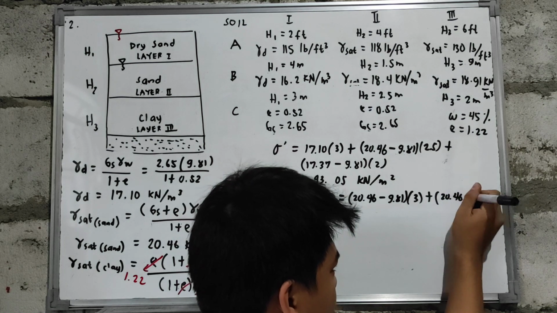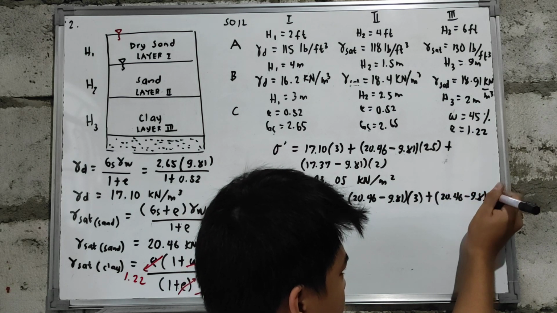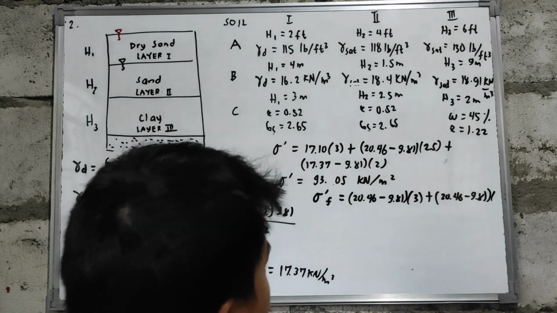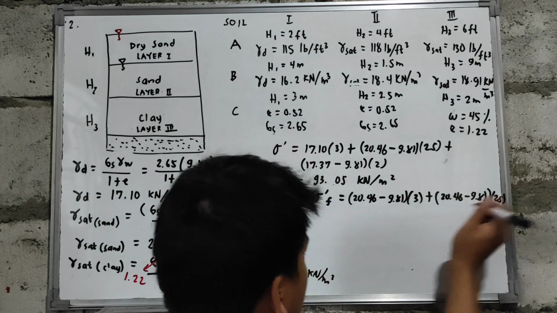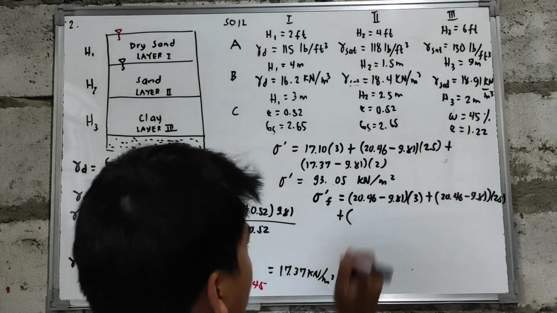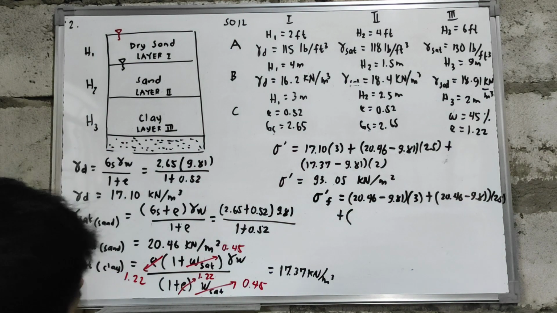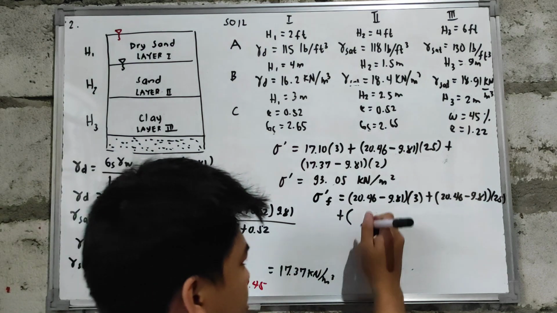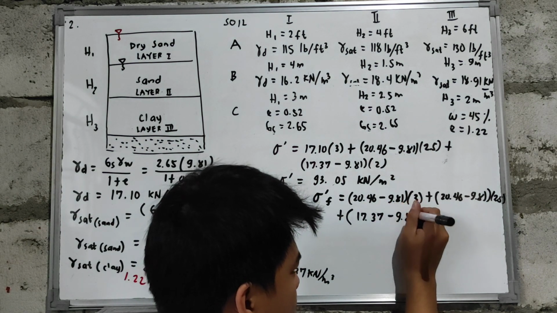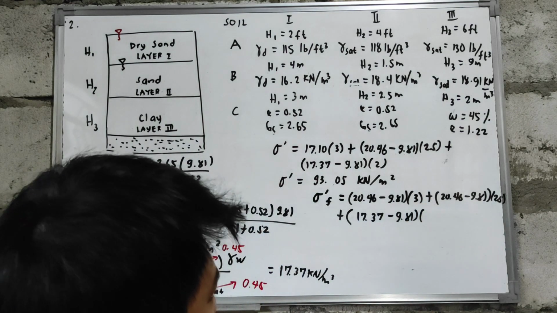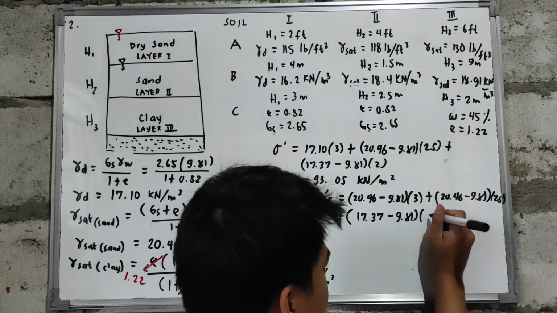Aalisin natin yung tubig na 9.81 multiplied by yung height niya, which is equal to 2.5, plus yung saturated clay natin having a value of 17.37 minus 9.81 multiplied by yung height niya, which is equal to 2.